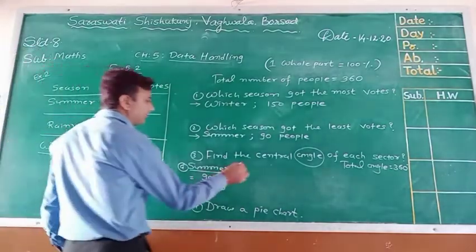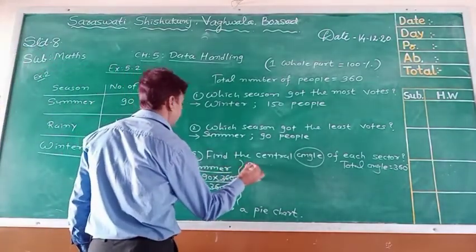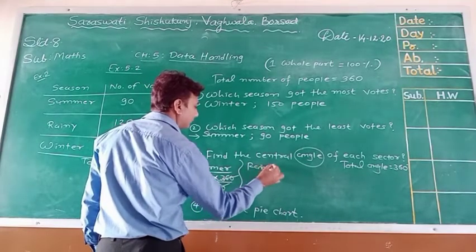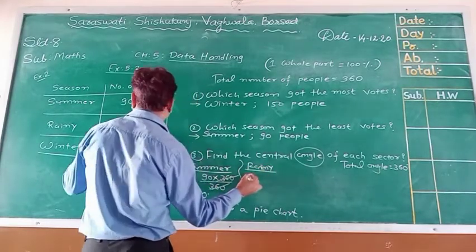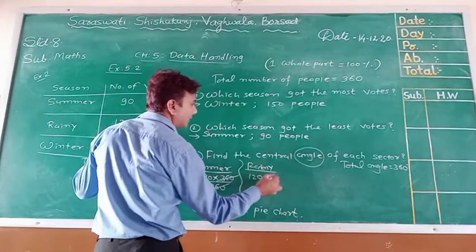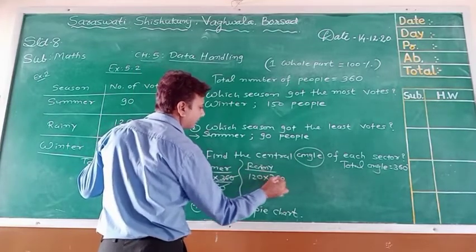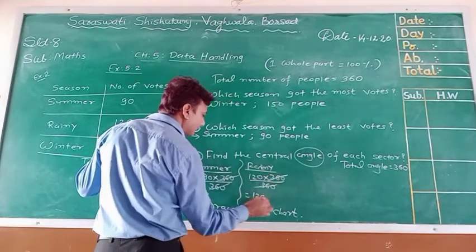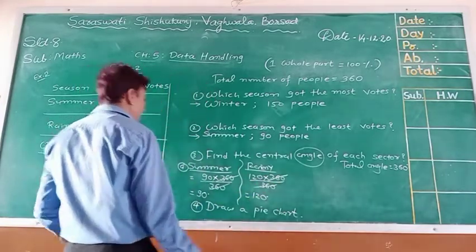Now second is the rainy season: 120 upon the total number 360, times 360 degrees, so 120 degrees.